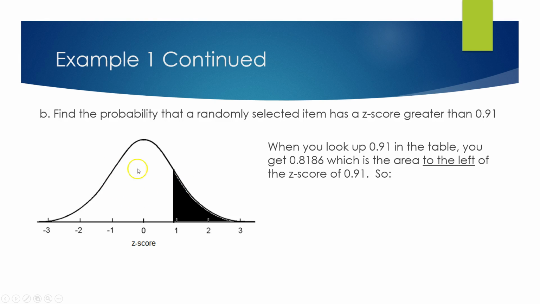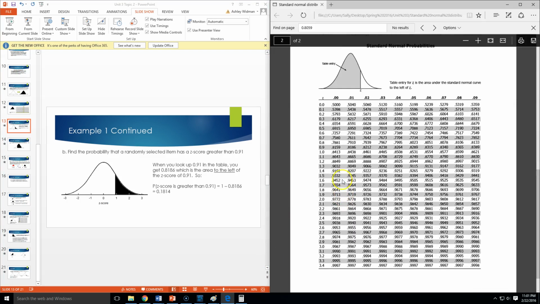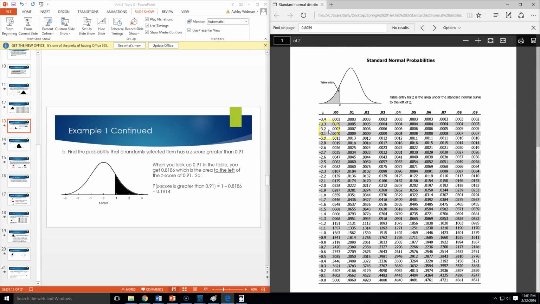So what you're going to need to do is say, okay, this whole thing is 100%. So we're going to need to do 1 minus 0.8186 in order to get the 0.1814. The way that the table is broken down is that there's negative z-scores here, and note the picture on the top is telling you it's the area to the left.